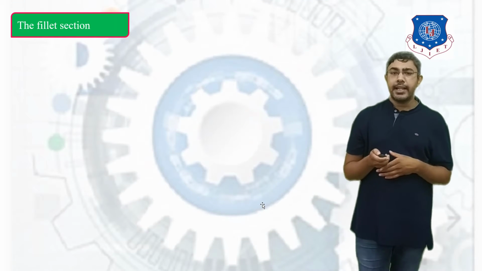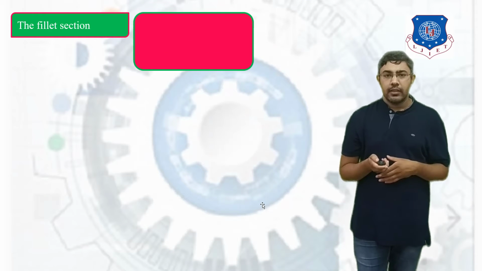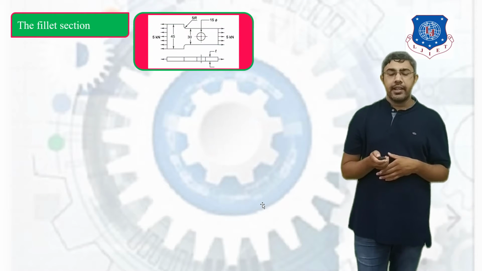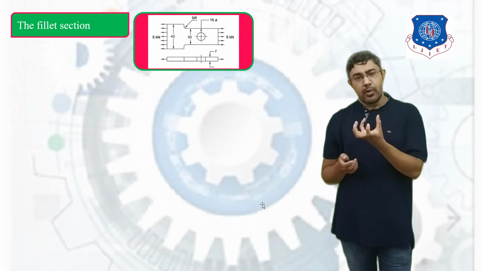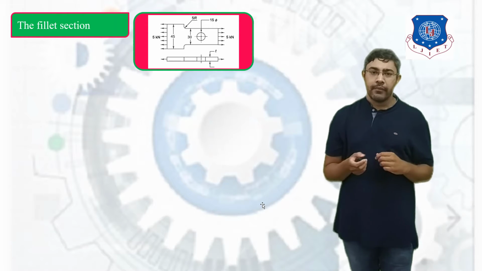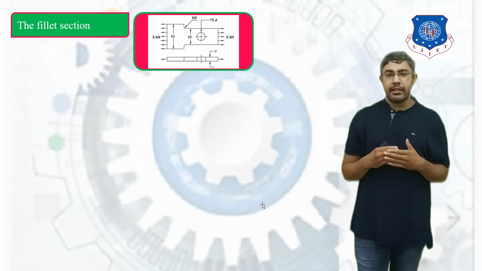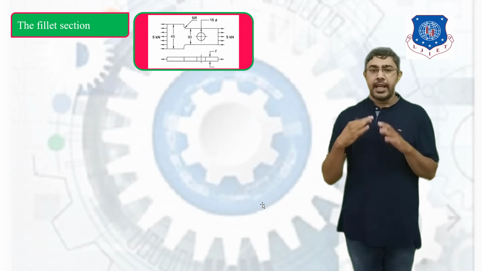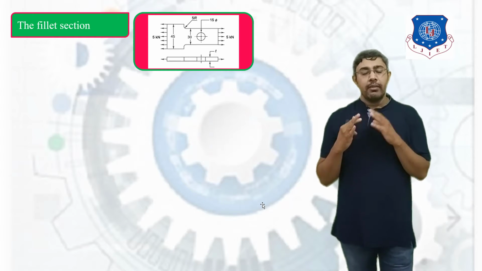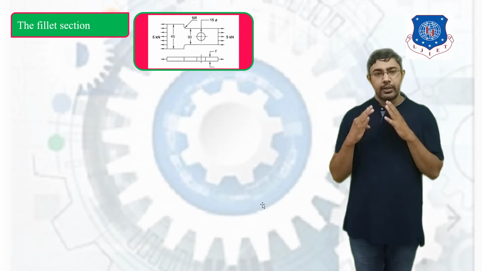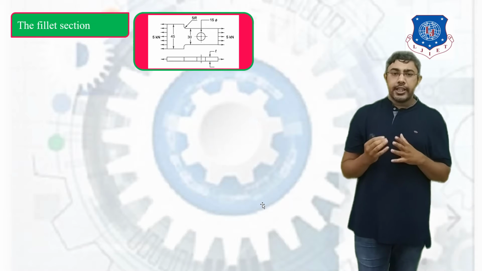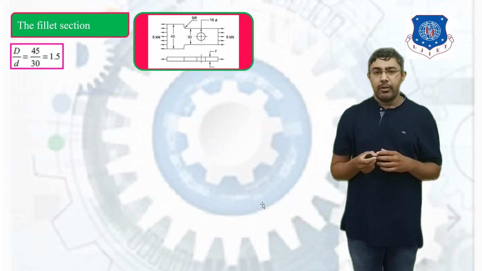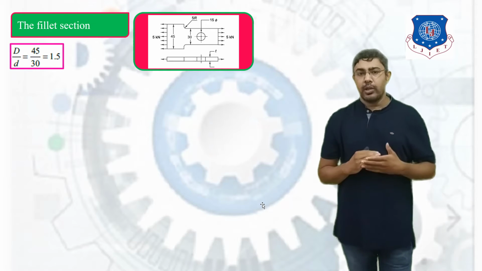At the fillet section, we have to calculate the stress concentration factor Kt. To calculate Kt, we use the stress concentration chart for a stepped plate subjected to tensile load, and for that we first calculate the capital D by small d ratio.